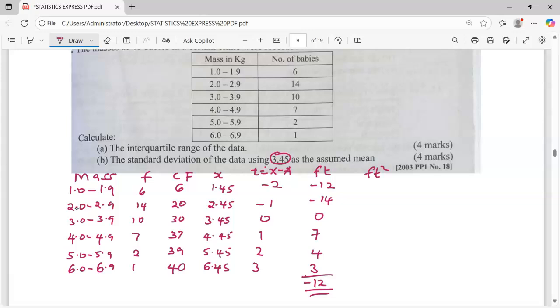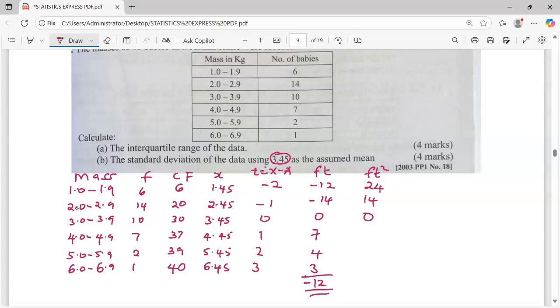Next, we are going to have ft squared. And ft squared will be given by frequency times the values of t squared. Remember, we can square t. t is negative 2. Negative 2 squared, you get 4. 4 times 6, this one will give us 24. The next t is negative 1. Negative 1 squared is 1. Times 14, you get 14. The next is 0.